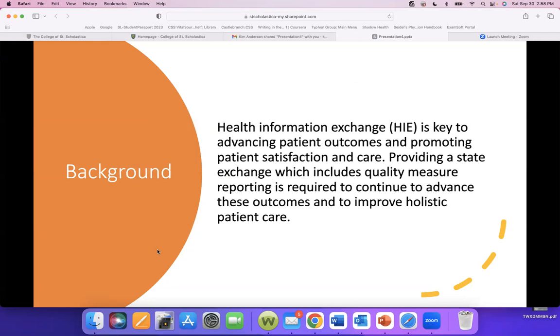A little background: health information exchange definitely is key in advancing patient outcomes and promoting patient satisfaction and care. Providing a state exchange, which includes quality measure reporting, is required to continue to advance these outcomes and to improve holistic patient care. So it's very valuable that we utilize this to the best of our capacity in the healthcare system in order to really improve on that patient care.